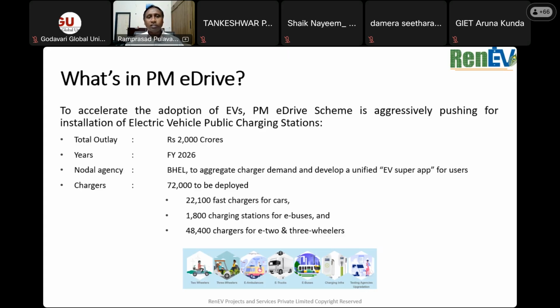So what is there in the scheme? In the scheme, 72,000 chargers are to be deployed, around 22,100 fast chargers for cars, 1,800 charging stations for buses, and around 48,400 chargers for two-wheelers and three-wheelers.